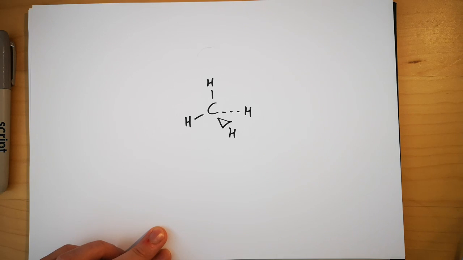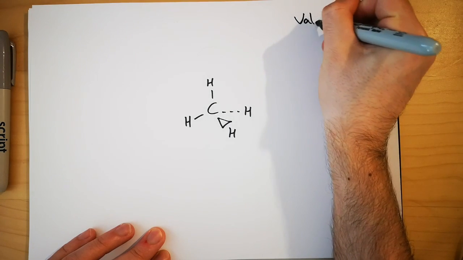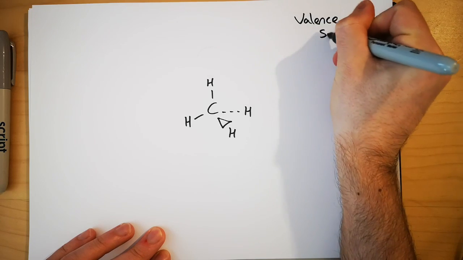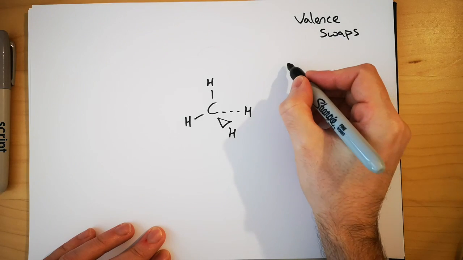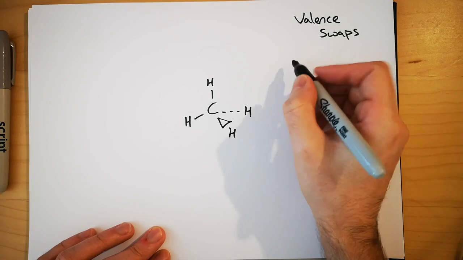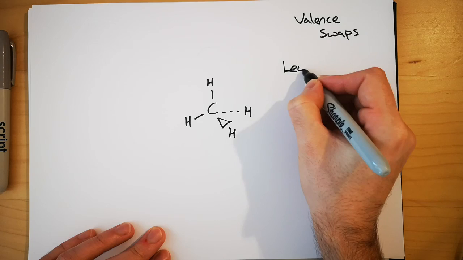So, takeaway from today is the valence electrons, the Lewis structures or diagrams, sometimes called dot and cross diagrams.